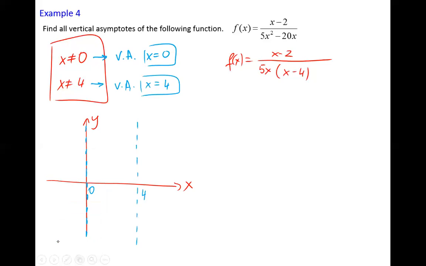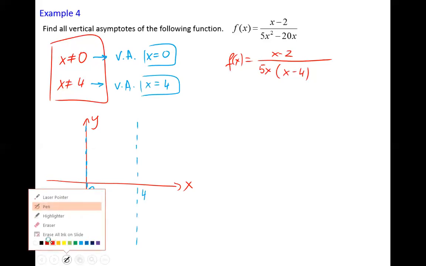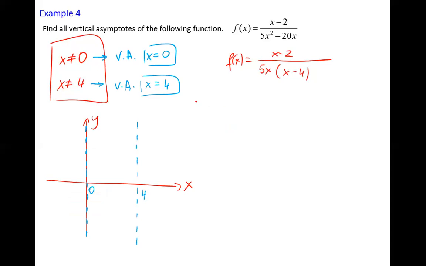And again, computing a limit, I will find out how the function behaves. Let's try the limit as x goes to 0 from the left-hand side. Function is x minus 2 over 5x, x minus 4.